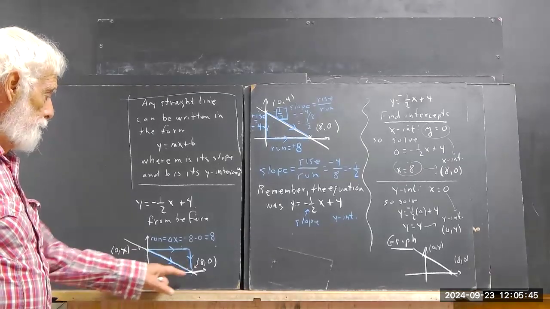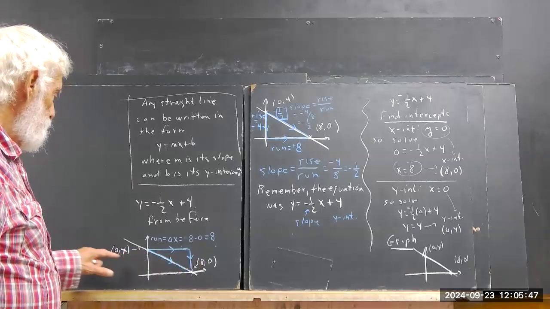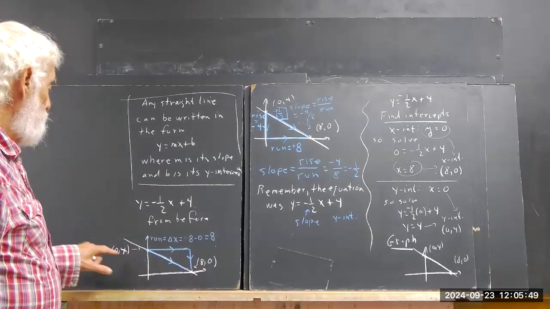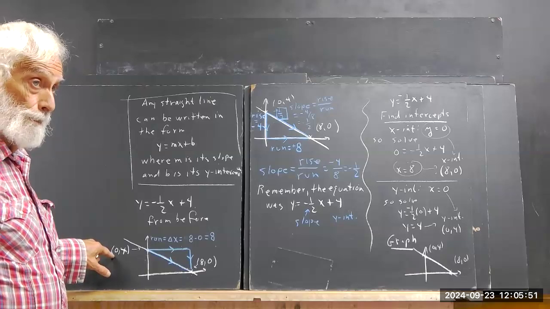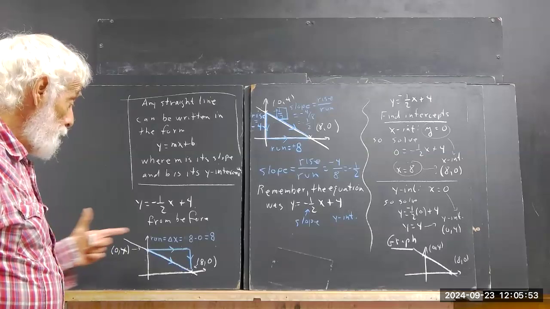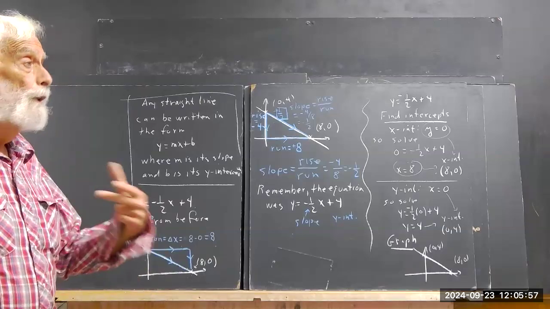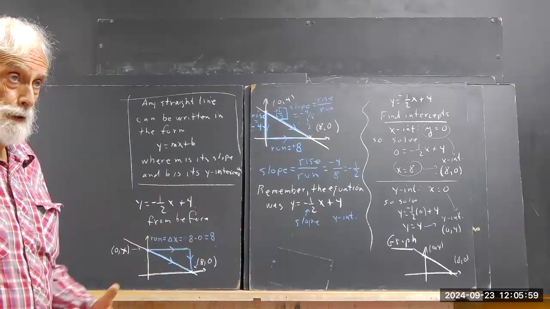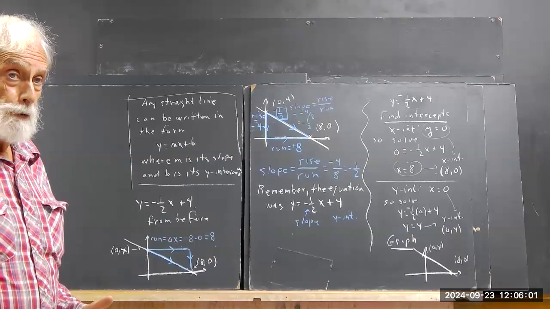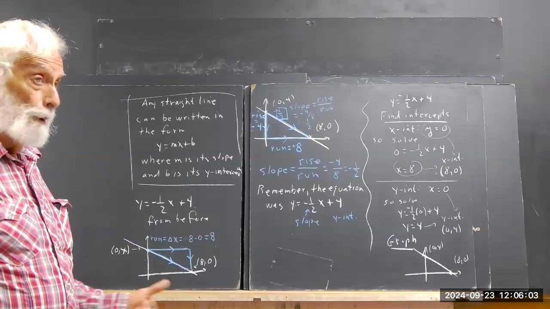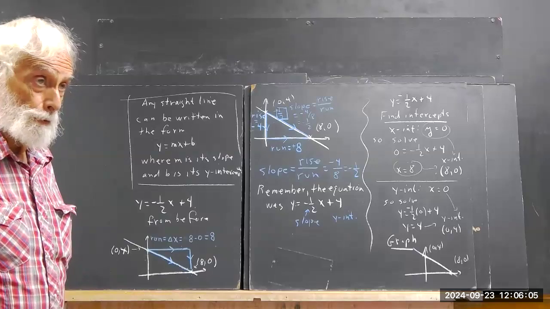So we get 8 if we do the x coordinate that we're ending up at minus the x coordinate we start at. That's another reason I want you to think left to right, so you don't confuse yourself by doing some right to left. As long as you go the same way both times, it works.